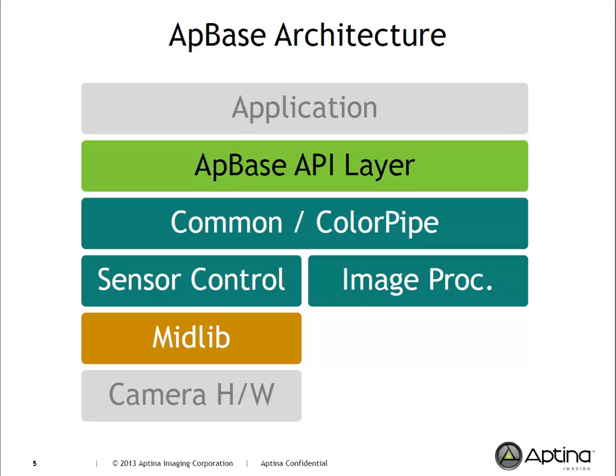It still uses some of the midlib calls, but it also provides the sensor control aspects of what DevWare does, image processing as far as converting raw images into bitmap or JPEG or whatever you like, and what we call our common layer and color pipe, which are a set of functionalities to do things like applying the color pipe to your image and also manipulating it in other ways. And then there's the ApBase API layer itself, and that's the programming interface that an application would actually use.